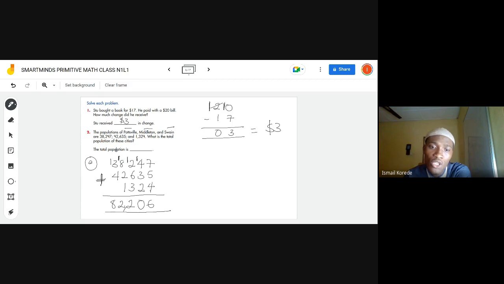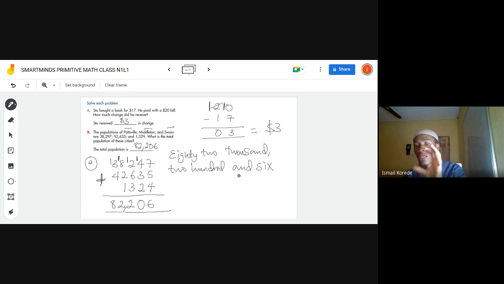So the total population is 82,206. That's how we can apply the word problem into solving the basic arithmetic of addition and subtraction.